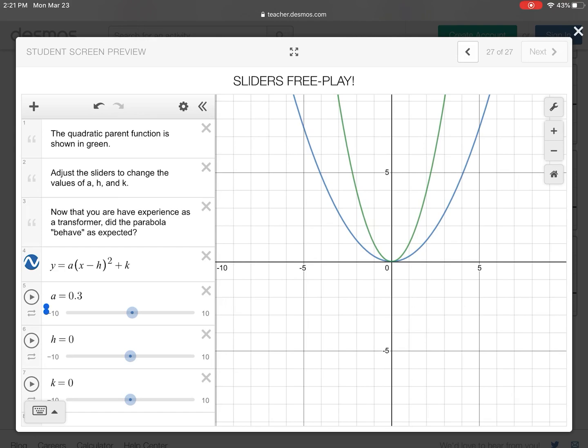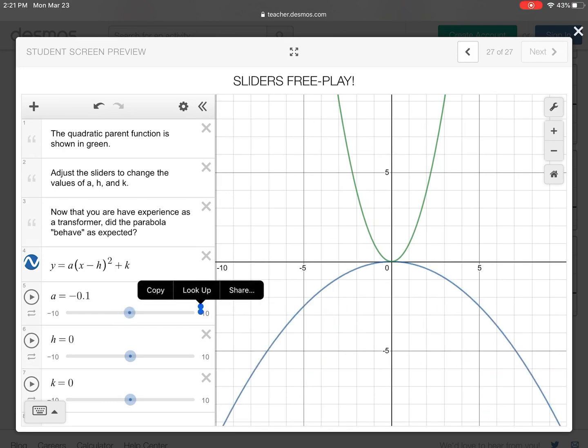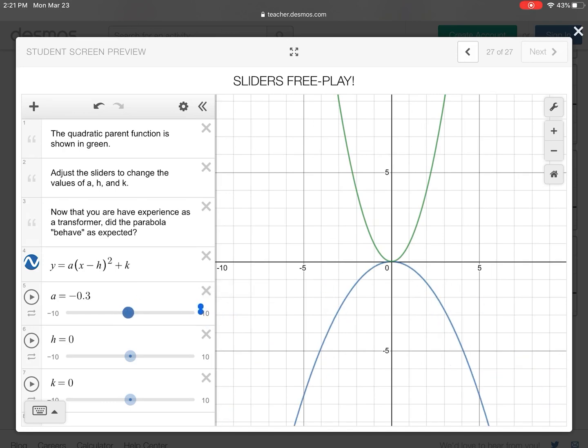So x squared, the parent function, hasn't had any transformations done to it. So you could have played around with the sliders. If you make it bigger than 1, notice how skinny the blue graph is. It just gets skinnier as the number gets bigger.